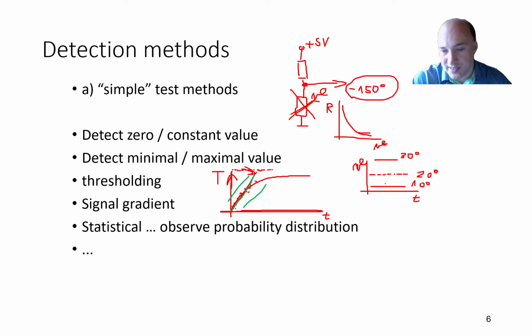And if I'm inside of this interval, I will say, okay, the sensor reading is correct. But if I'm outside, if I measure, for example, 50, then there might be something wrong with the sensor. If I measure minus 150, then I'm certainly getting a wrong reading from the sensor. So this detection is nothing else than an if condition that you have somewhere in your code, saying if it's larger than this, then signal an error.